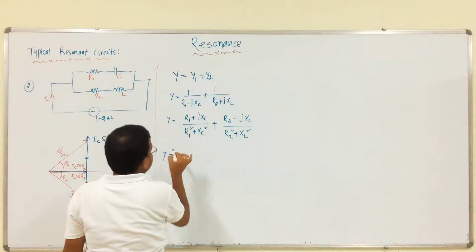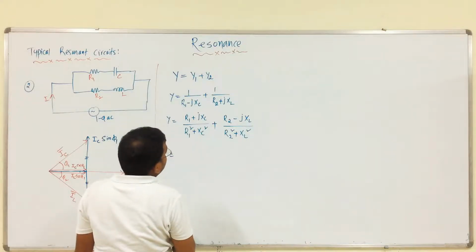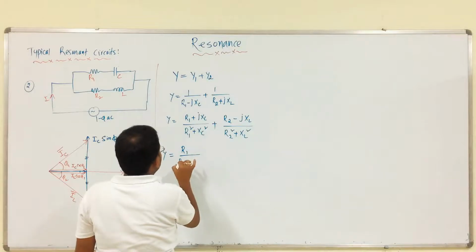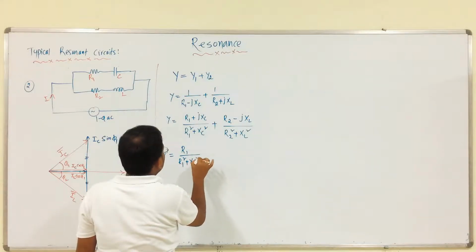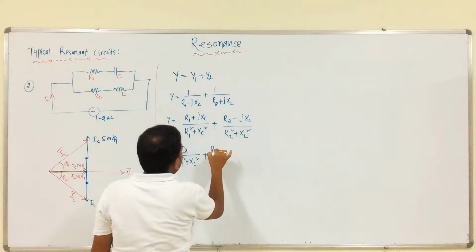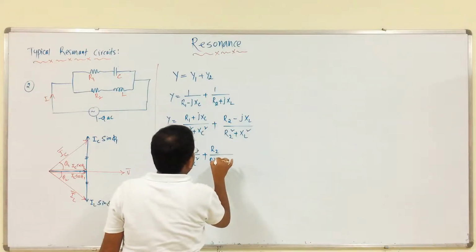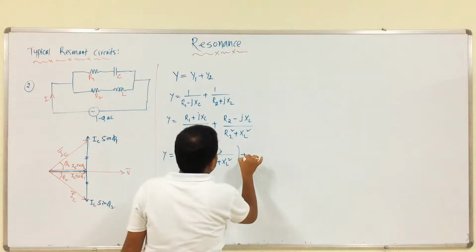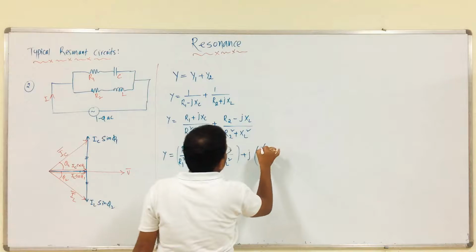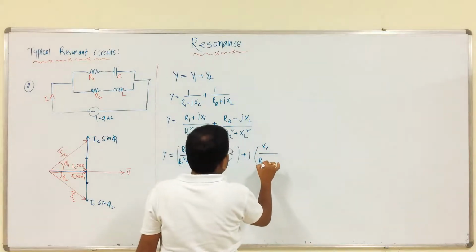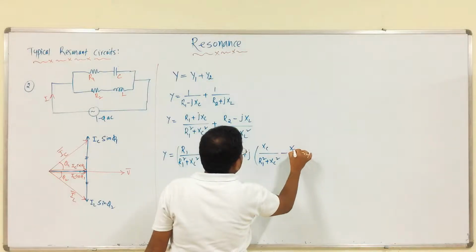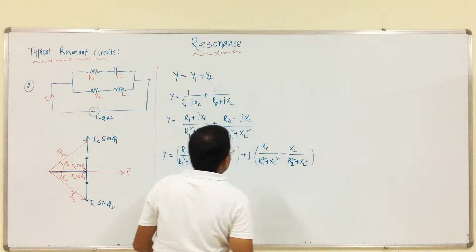So from this we can separate the real part and imaginary part, that is R1 by (R1 square plus Xc square), plus R2 by (R2 square plus Xl whole square), plus j into this part, Xc by (R1 square plus Xc square) minus Xl by (R2 square plus Xl whole square).